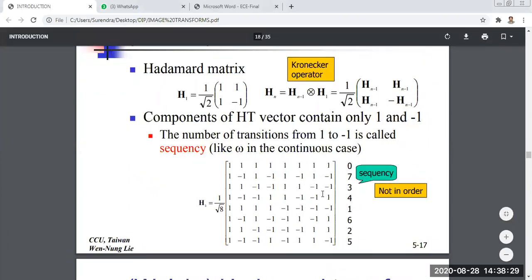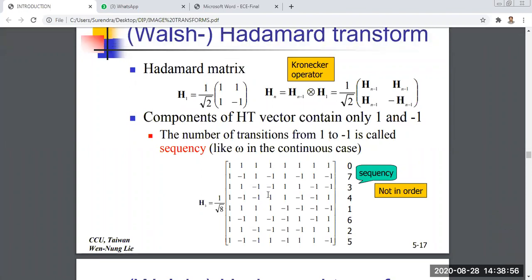For the general matrix, there is a formation of the H matrix, H3. So H3 means 1 by square root of 8, and there is a matrix. In this matrix, there are 1, 2, 3, 4, 5, 6, 7, 8 and 1, 2, 3, 4, 5, 6, 7, 8, so an 8 into 8 image.